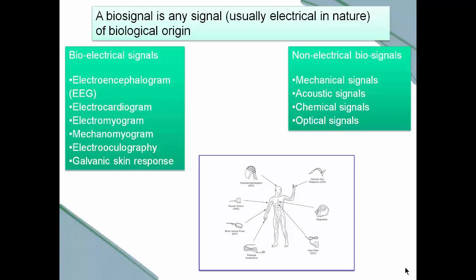Electrooculography is looking at the signals that are coming from the eye, and then galvanic skin response. I'll give you some demonstrations of all of this during the course of this presentation. Some non-electrical biosignals are mechanical signals, acoustical signals, chemical signals, optical signals.